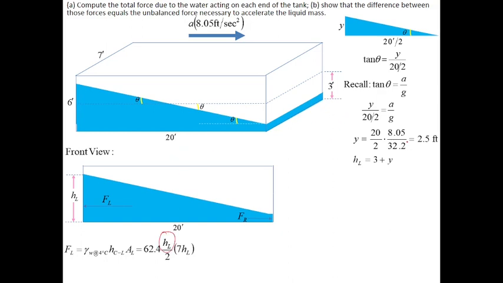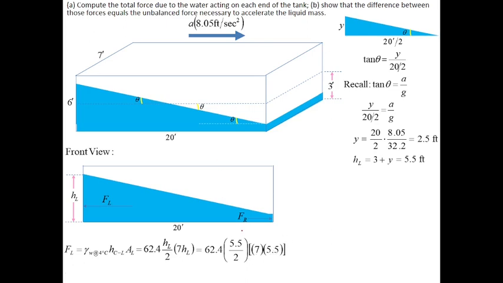What is HL? 3 plus y. This is the original level, 3 feet. Then this is y. 3 plus y, 3 feet plus y, that is the HL we are looking for. So, that is 5.5 feet. Therefore, that is 62.4 multiplied by HL, 5.5 over 2 times 7 times 5.5.